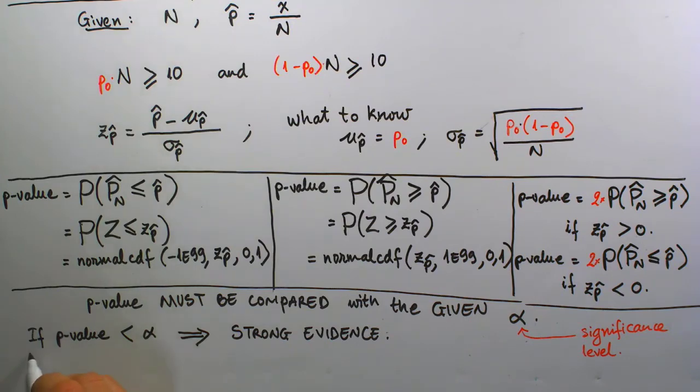Otherwise, if the p-value after comparison with the given significance level is greater than or equal to the significance level, then we come to the following conclusion. Our sample is not showing strong evidence. Or for short, our conclusion here is we're not having strong evidence.